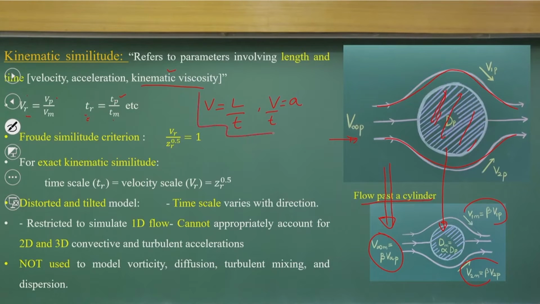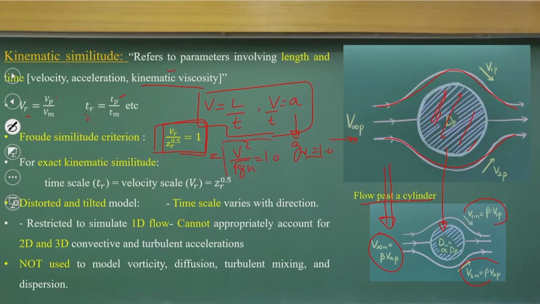If you use these two terms and look at the velocity and length ratios, and the acceleration ratio we can consider as 1, then we get VR by LR to the power 0.5 is equal to 1, which is the Froude number, V squared by g h, a constant.